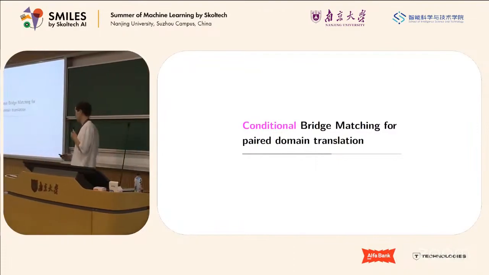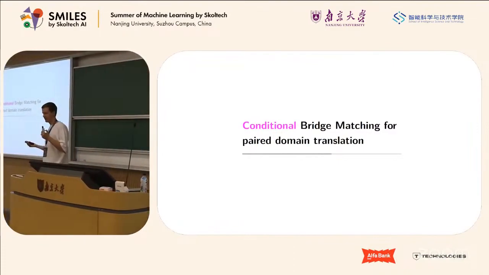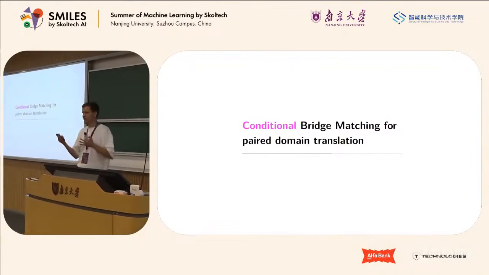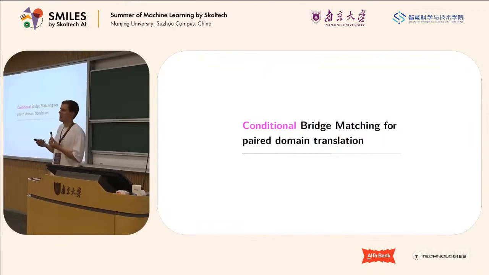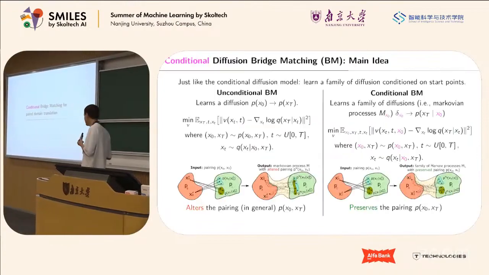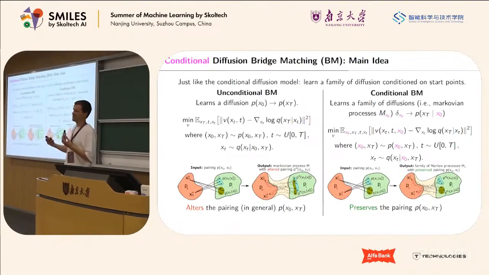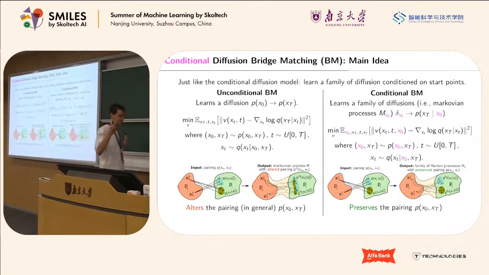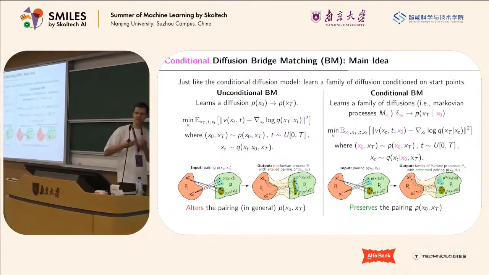Okay, how is this avoided? How do we avoid that when we train our model, we may obtain something unexpected, some other coupling in the end, not the one on which we train? This is avoided by conditioning, the same way as it was done in conditional diffusion models.